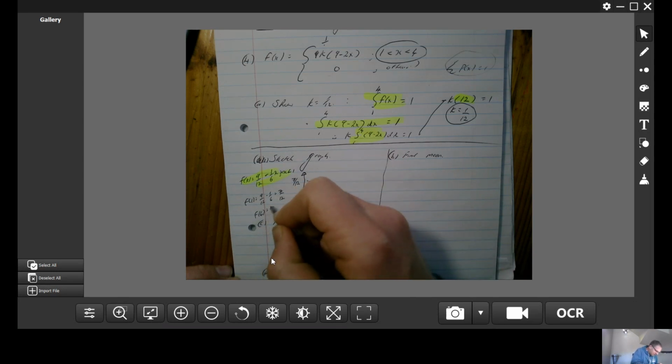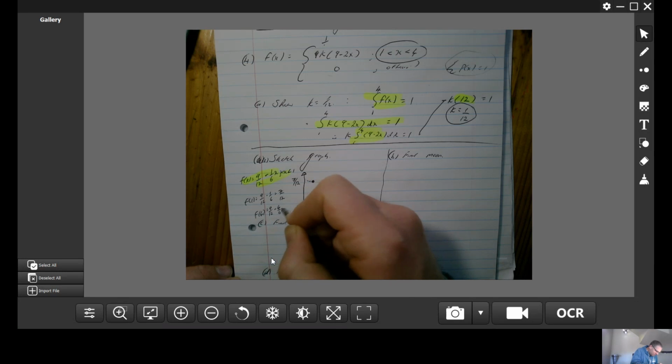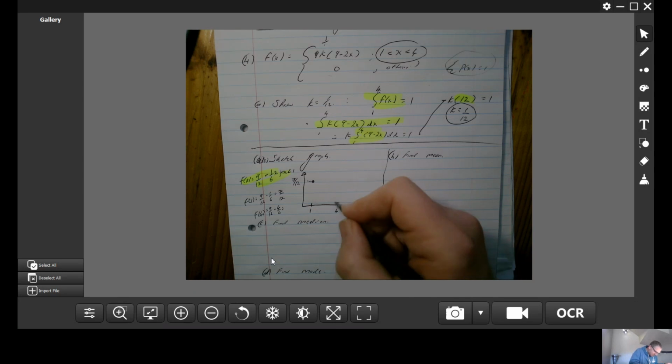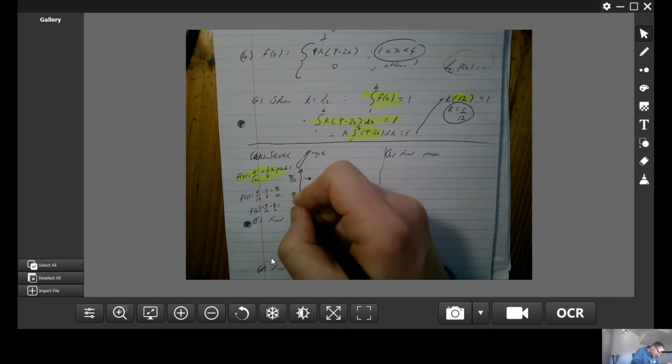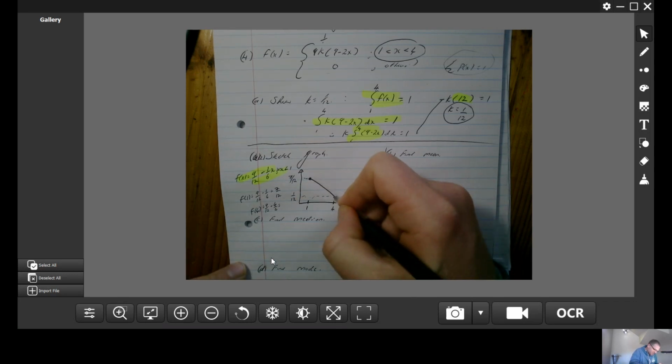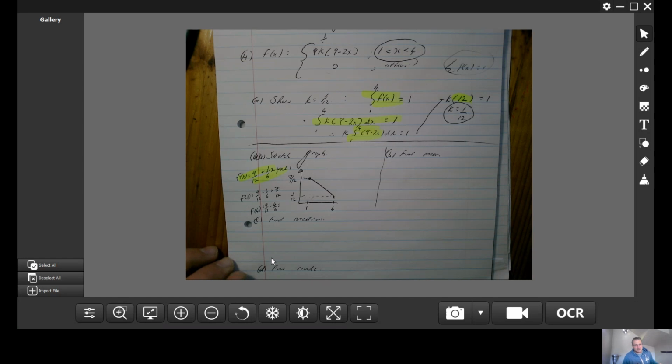So f of 4 will be 9 over 12 minus 4 over 6 if I replace x with 4, which is 9 over 12 minus 8 over 12, which is 1 over 12. So at 4 we have 1 over 12. So this is what the probability density function looks like.